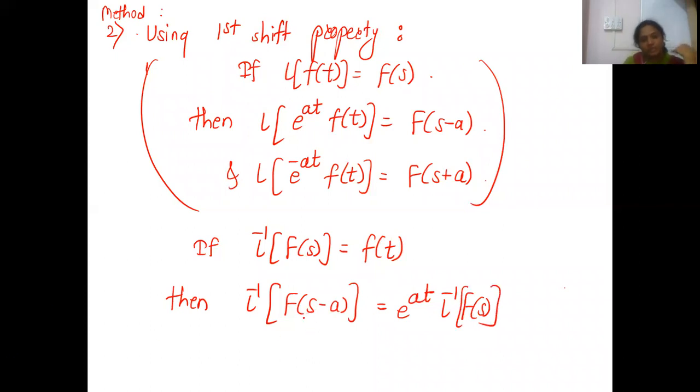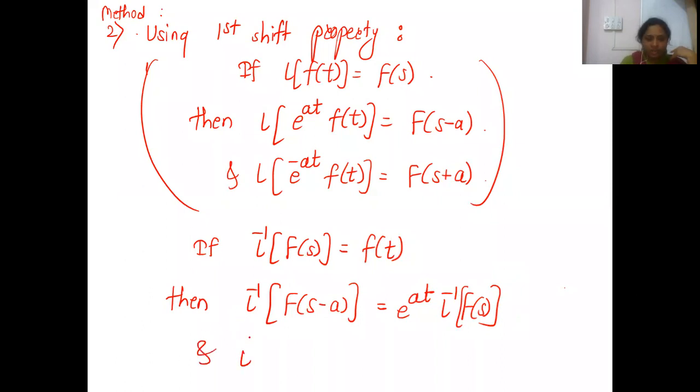So wherever there is s minus a, if you see s minus a everywhere in place of s, then that a, you can take it out as e raised to at, and there will be only Laplace inverse of F of s, of which we know the answer. We can directly multiply and solve.